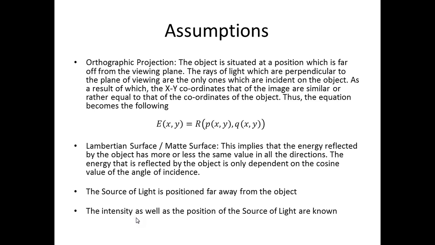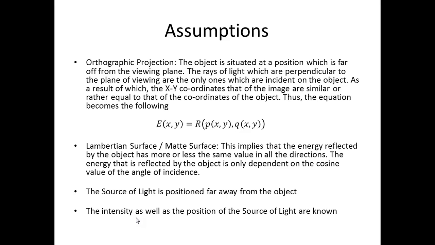Now, the assumptions that have been taken into account for the purpose of this project are: to begin with, we have the orthographic projection. It is assumed that the object is situated at a position which is far off from the viewing plane.